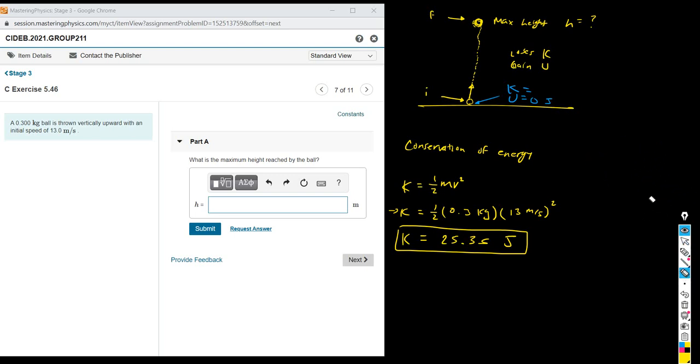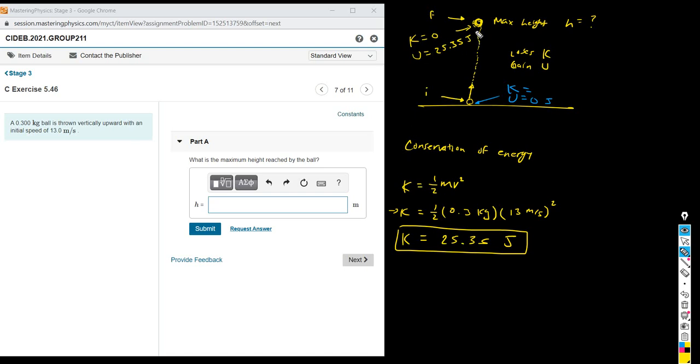So pretty much the whole point is this: when the ball reaches its greatest height, at this point the kinetic energy of the ball is 0. This much energy, which was at the beginning, will be 0 at this point. At this point the K will be 0, but the potential energy will be the same as the initial kinetic energy.